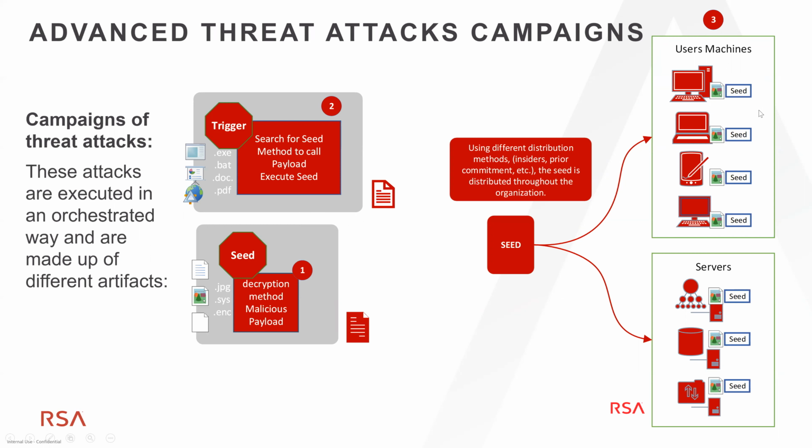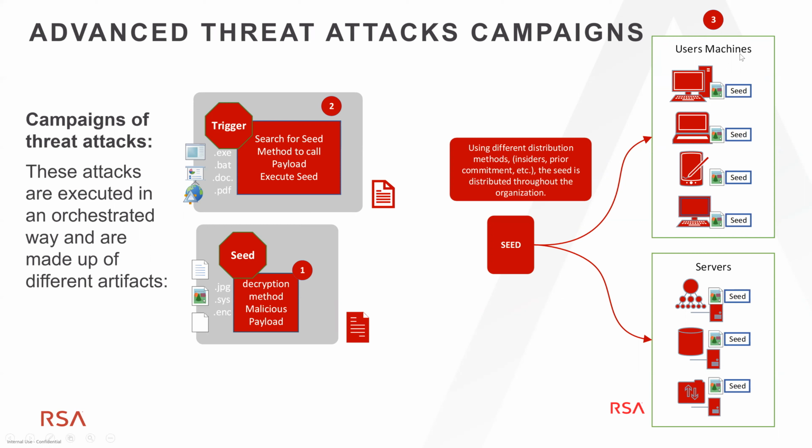As you can see here in the image, we have the seed in the different user machines. The group of attackers normally pays an insider, and this insider is going to be responsible for distributing this seed across all the network. Normally it's a sysadmin, DBadmin, or one person that has access to the different architecture or elements in the network.